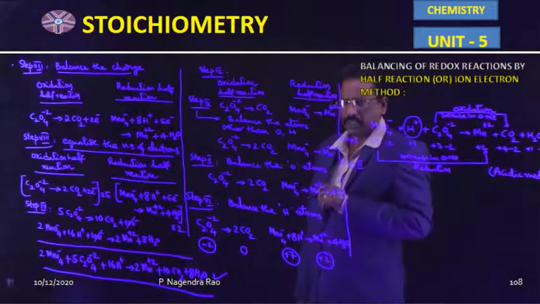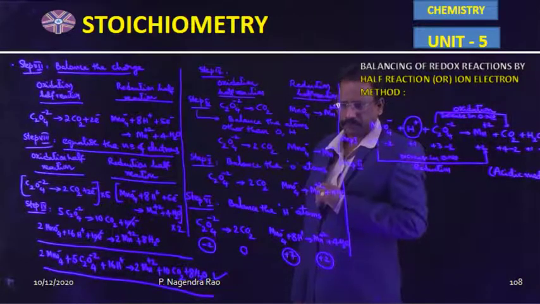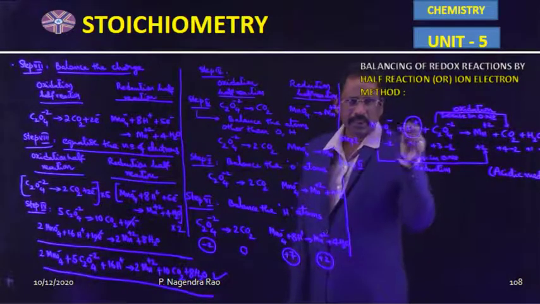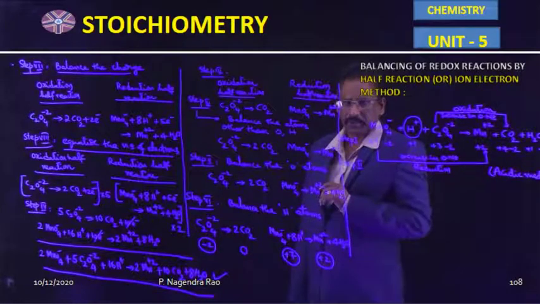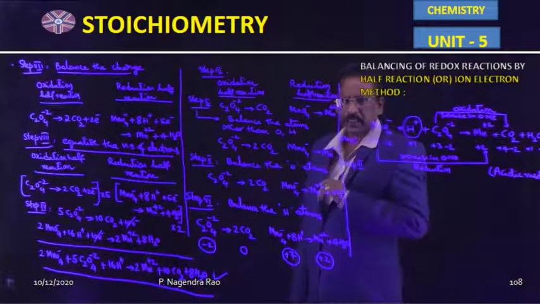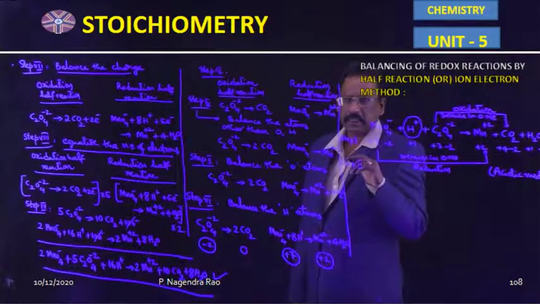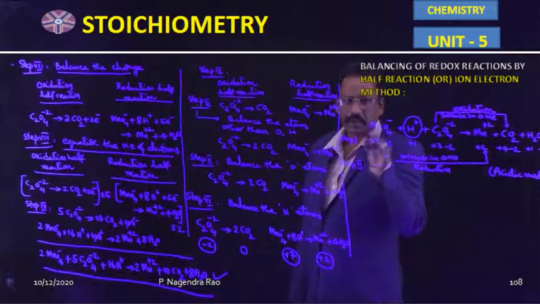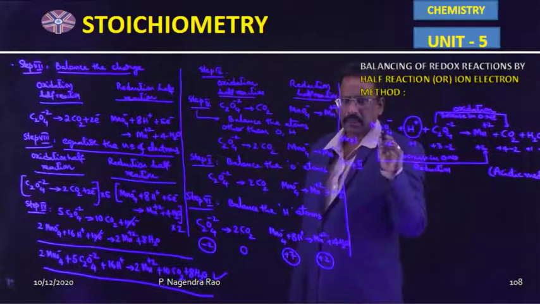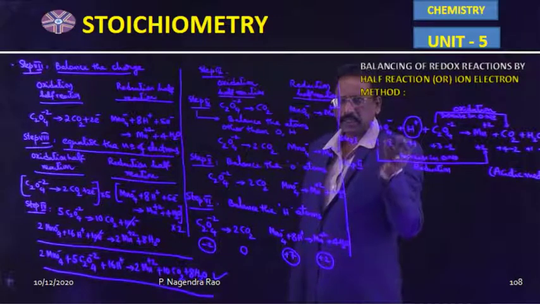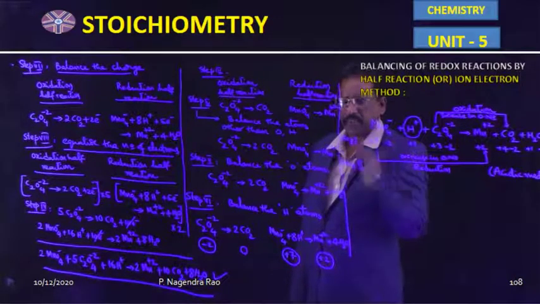If the reaction takes place in acidic medium, this equation indicates the medium of the chemical reaction. In the reactant side, there are H plus ions. That reaction takes place in acidic medium. In the reactant side, if there are OH minus ions, then that reaction takes place in basic or alkaline medium.